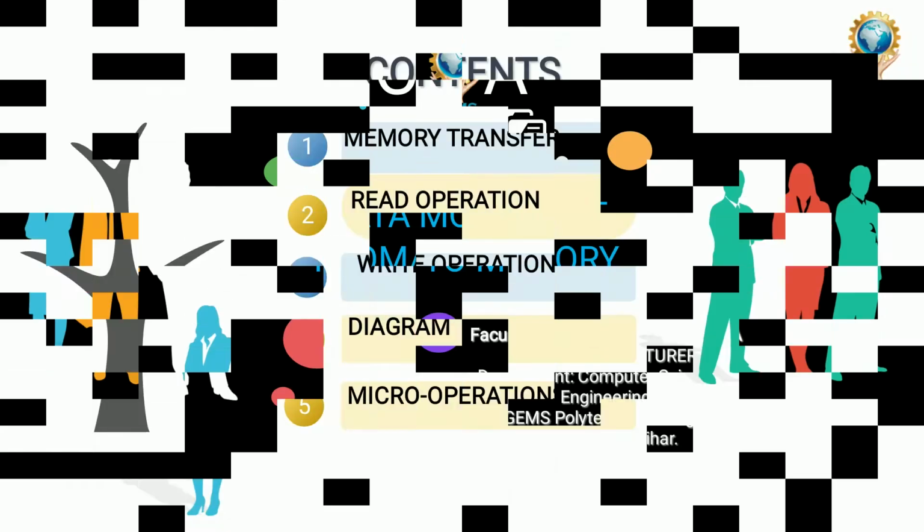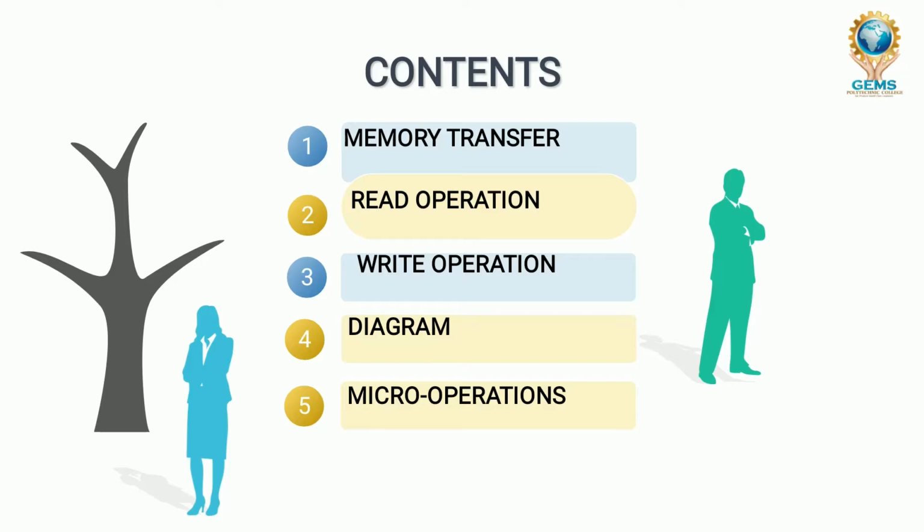Without hesitating, I want to show the slide of contents. We already discussed memory transfer and read operation, write operation up to a certain level. Now we are going to see in more depth what the read operation is, what the write operation is, and how read and write operations are performed inside a memory.